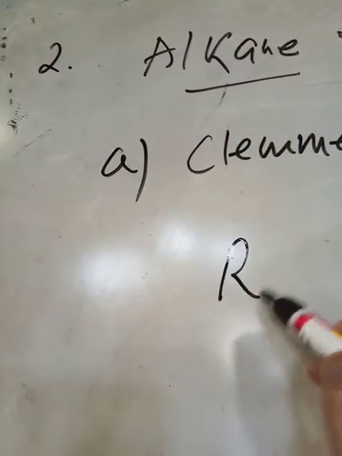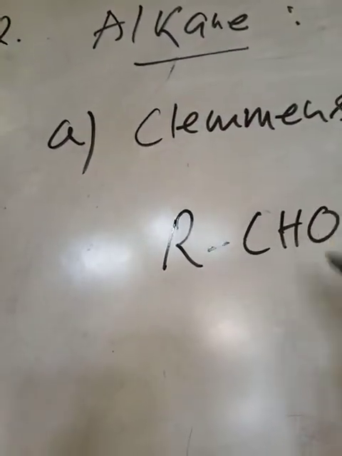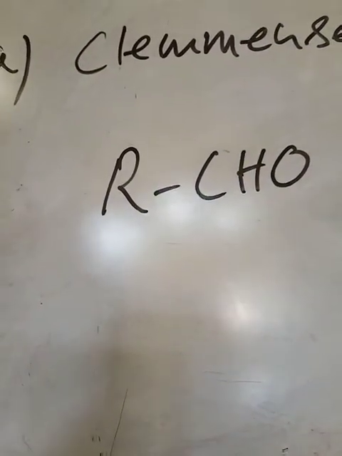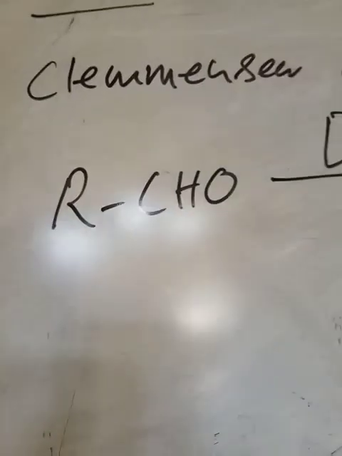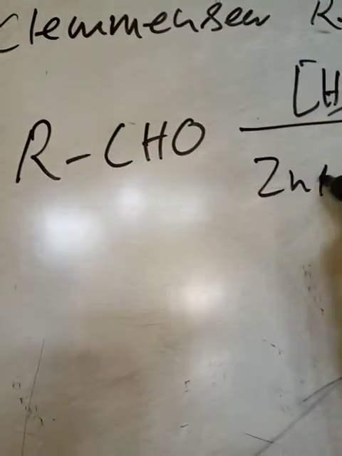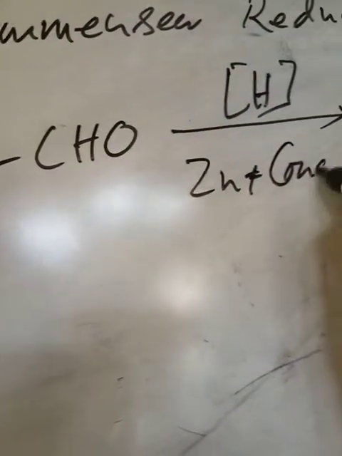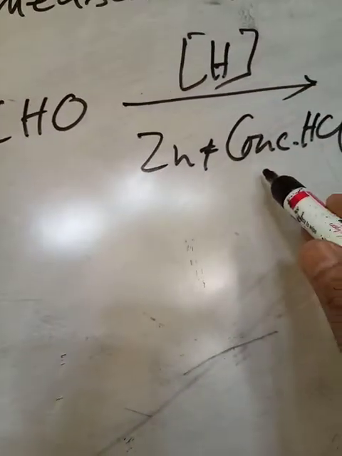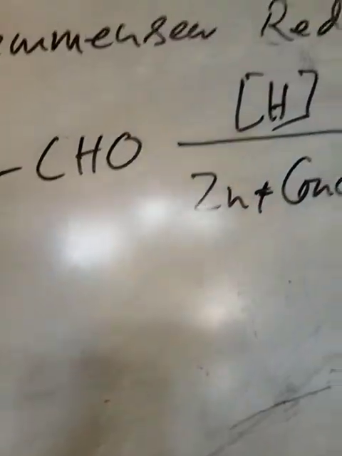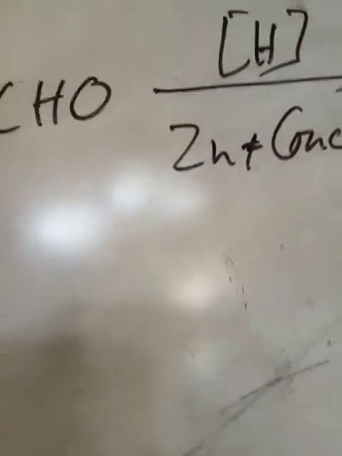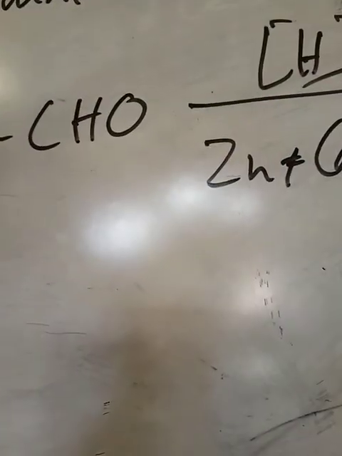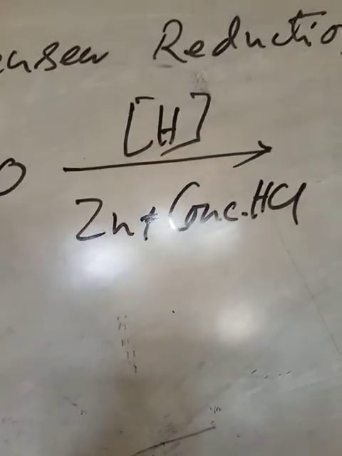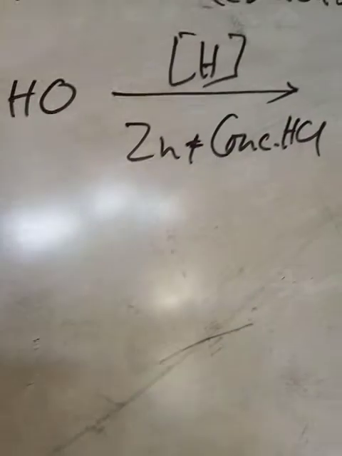If an aldehyde, I am taking a general aldehyde, is reduced, this is the sign of reduction, by zinc and concentrated HCl. This is the reducing reagent used in Clemmensen reduction. Here the carbonyl group will be reduced to a CH2 group and you will get CH3.